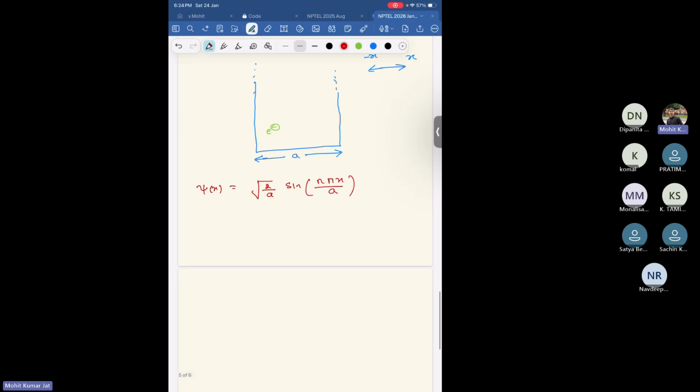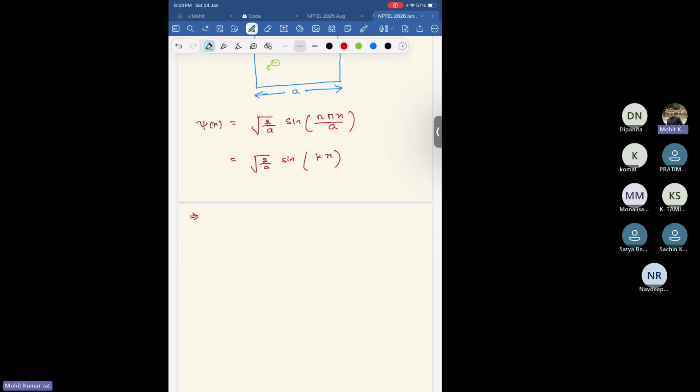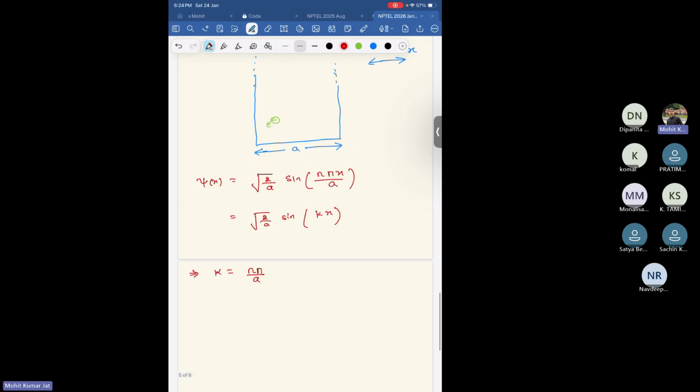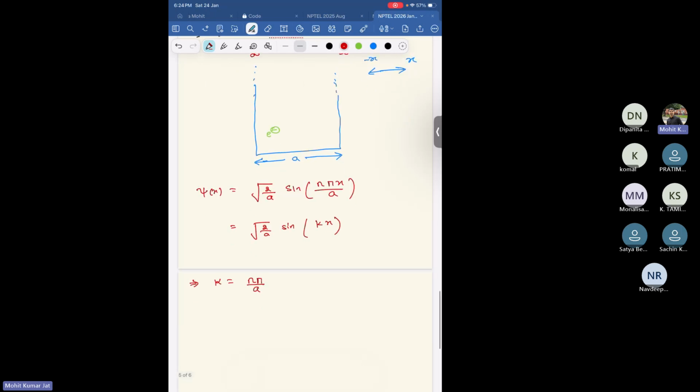If you compare this with sine kx, then what you get is your wave vector as n pi by a, since outside this box your potential is infinite, and inside the potential is zero, in the 1D box.